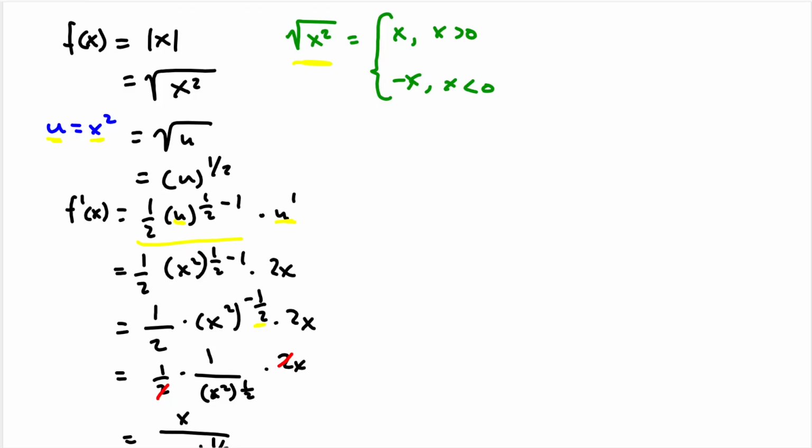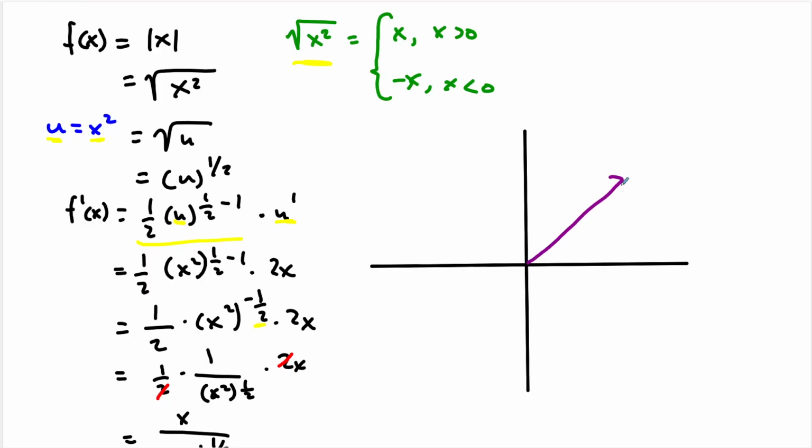Let's first graph the absolute value of x. I think I can use a line segment here. So let's say that this is the absolute value of x graph right here.